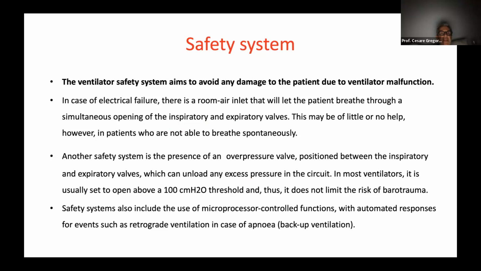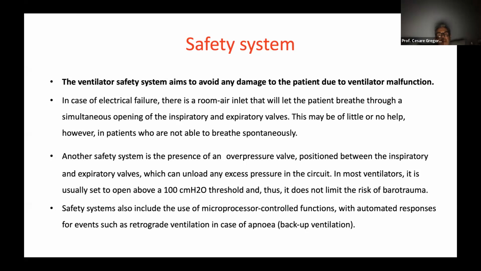The ventilator safety system avoids any damage to the patient due to ventilator malfunction. In case of electrical failure, there is a room air inlet that lets the patient breathe through a simultaneous opening of an inspiratory-expiratory valve.